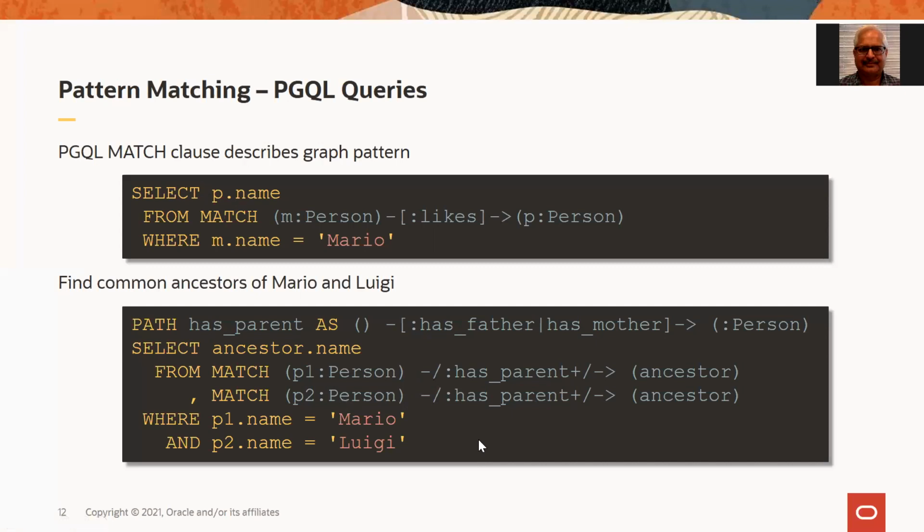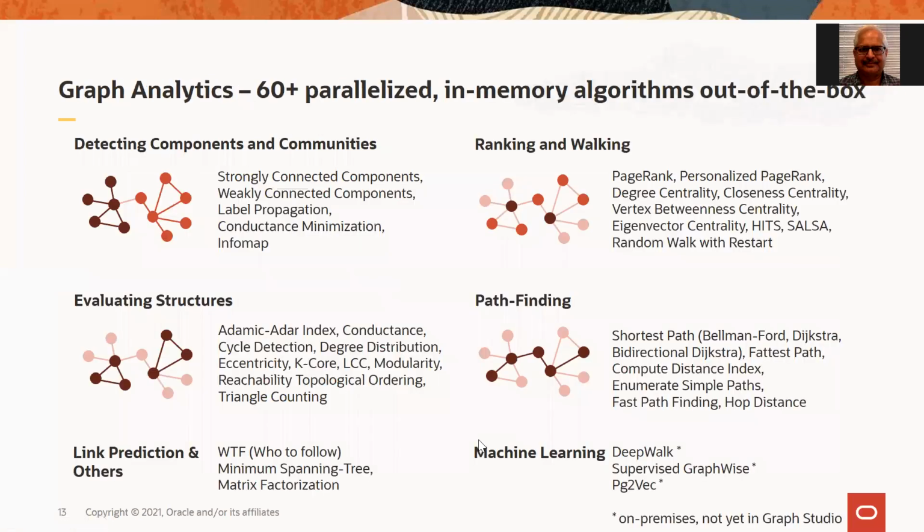So this would be the pattern matching query language, and as I said, besides the pattern matching query language, we have a large number of algorithms from graph theory, which we provide with the product, which allow you to do community detection, influencer analysis, ranking and walking. You can use those to evaluate the structure of your graph, or determine whether there is a connection, or the shortest connection, or the fattest path, or whatever between given vertices.